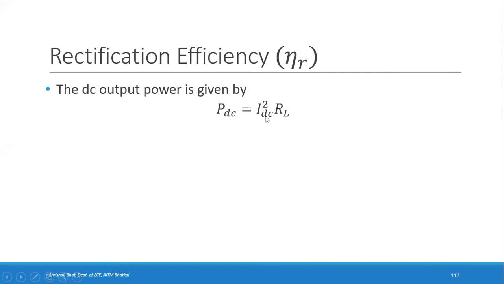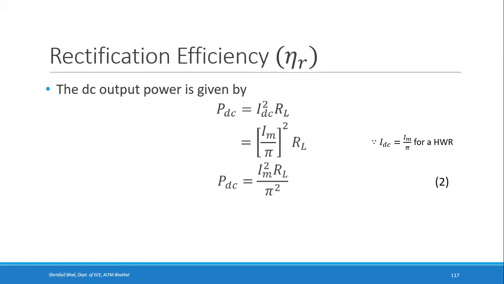In case of a half wave rectifier, what is IDC? IDC we have obtained as Im by pi. So it is Im by pi the whole square into RL. Im by pi whole square is Im square divided by pi square, into RL. So you can write it as Im square into RL divided by pi square. This is my DC output power.